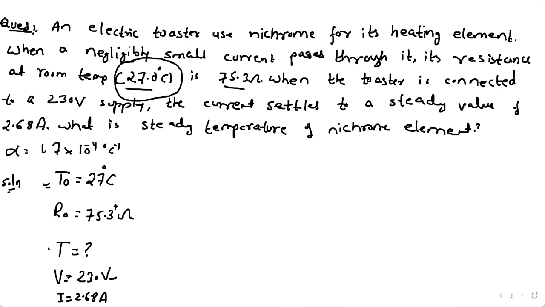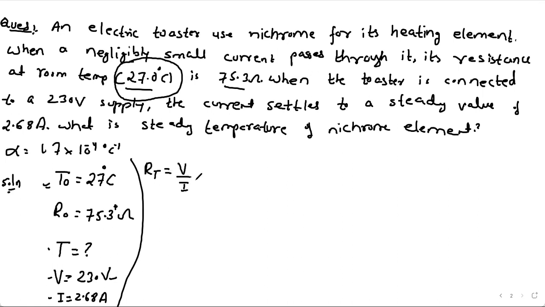Can you calculate the value of resistance at this higher temperature? Voltage is given, current is given. Can you calculate resistance? Yes, sir, we can. R is equal to V by I. So resistance at a temperature T is the ratio of voltage and current.